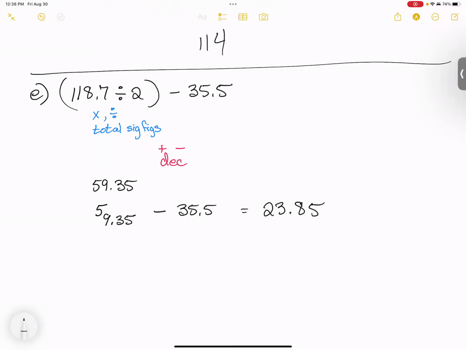I didn't change it in my calculator. It's still 59.35. I'm just making note that I'm allowed 0 decimal places and only 1 sig fig. It's just a method of notation to help you remember how many sig figs you are allowed.